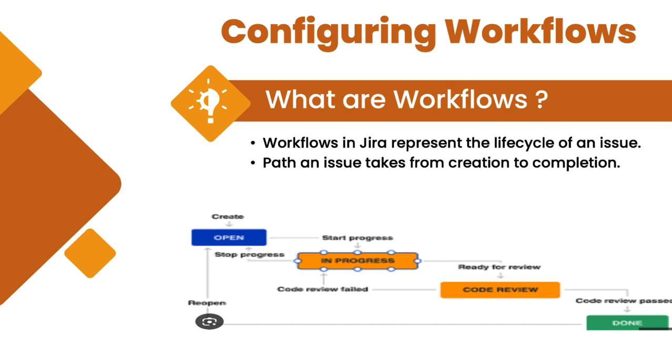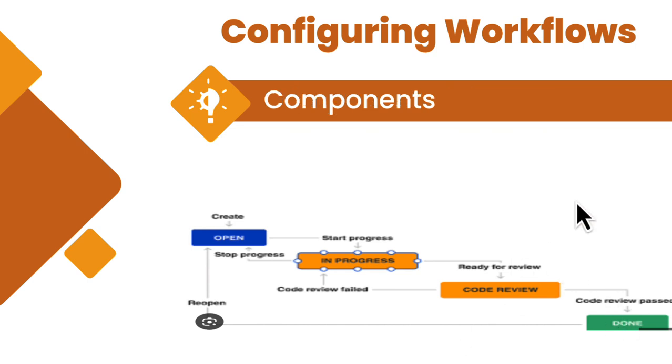For example, if an issue is opened, it moves to development in progress and then code review and then to done finally. So this process, or the path which this issue takes, is within the workflow defined for your project.